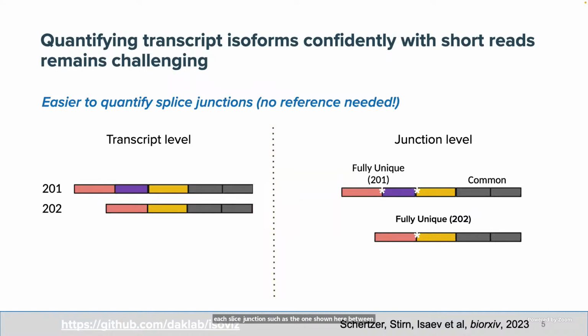We can then evaluate the proportion of reads that map to these junctions relative to the other junctions within the same clustering event. And so we can rely on these observed splicing reads to guide our annotations of the splicing events, rather than relying on some reference annotation of these splicing patterns.